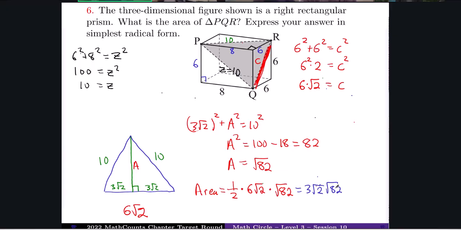And if I rip out a square root of 2 and multiply it by this square root of 2, then this would be the same thing as 3 times 2 times root 41, and you'd get a final answer of 6 times the square root of 41. And this is going to be in simplest radical form, because I can't really take anything out of this square root expression without making things worse.